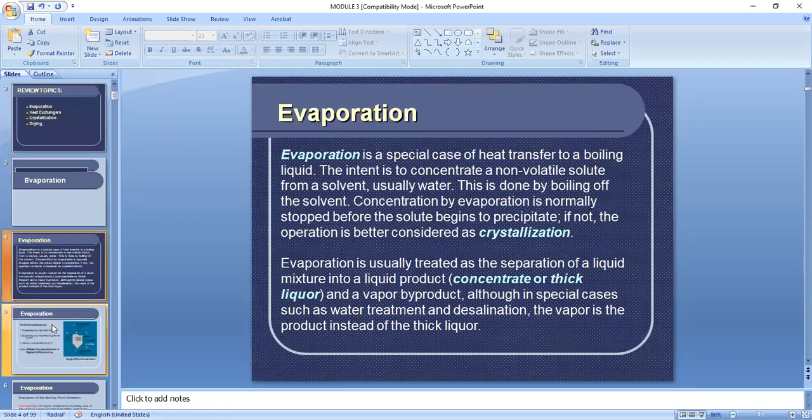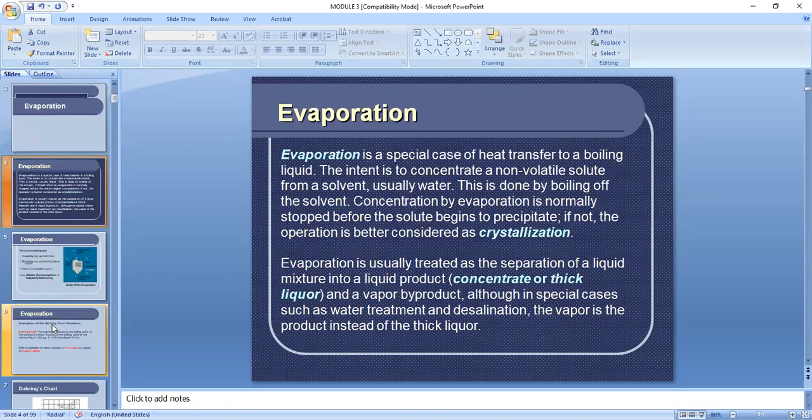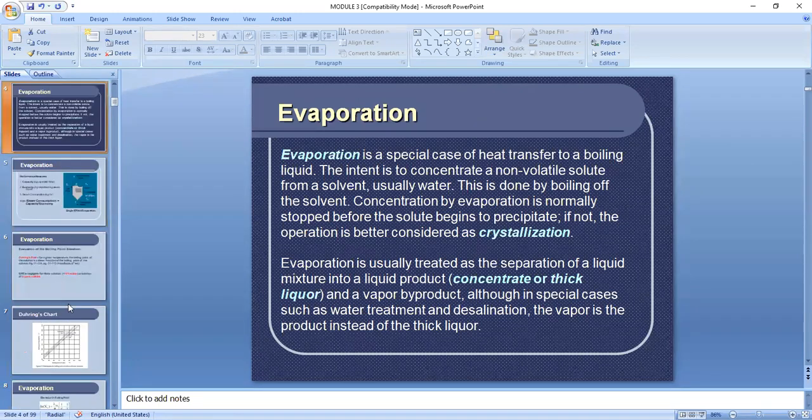As you learned in your third year, evaporation is the process of concentrating the feed by evaporating a portion of the liquid that is present in it. But it does not have to come to the point wherein precipitation of the solids occurs already.